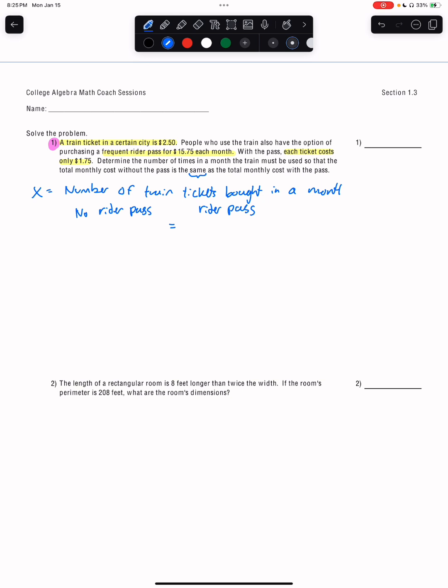The no rider pass is just simply, I'll draw the equation now in green, make it a little easier to see the difference. It's just going to be this 2.50 times x, because x is the number of train tickets bought in a month. We're going to do our equal. On the other side, they have to pay that one-time fee of $15.75. Then, for every ticket, it's $1.75 times x.